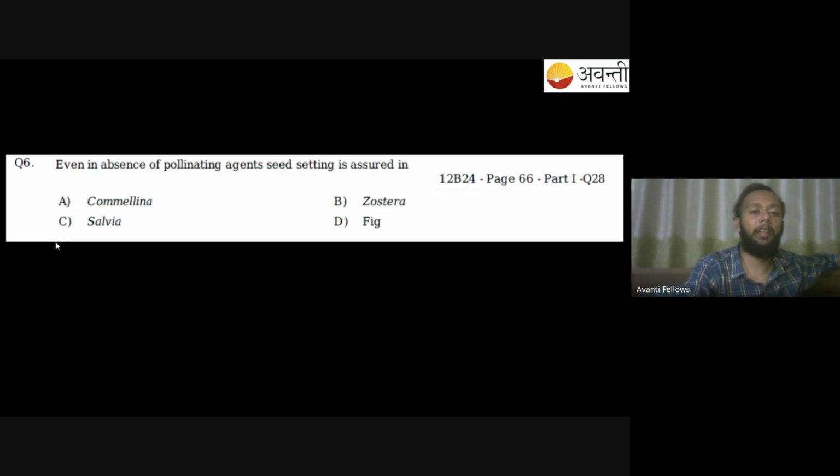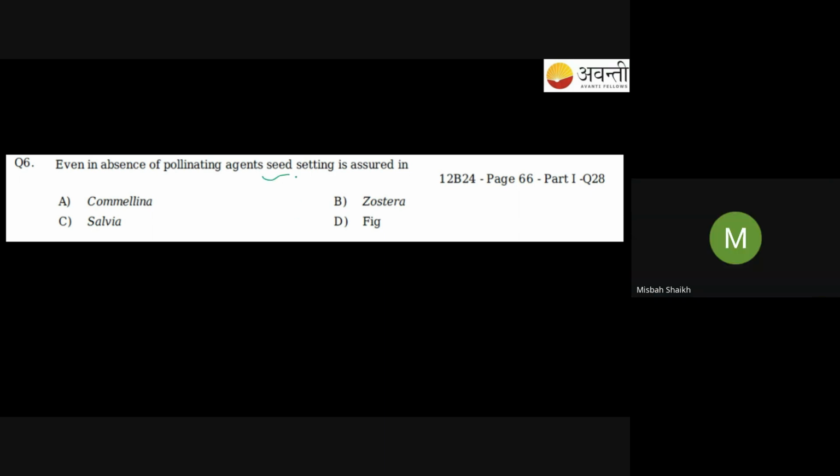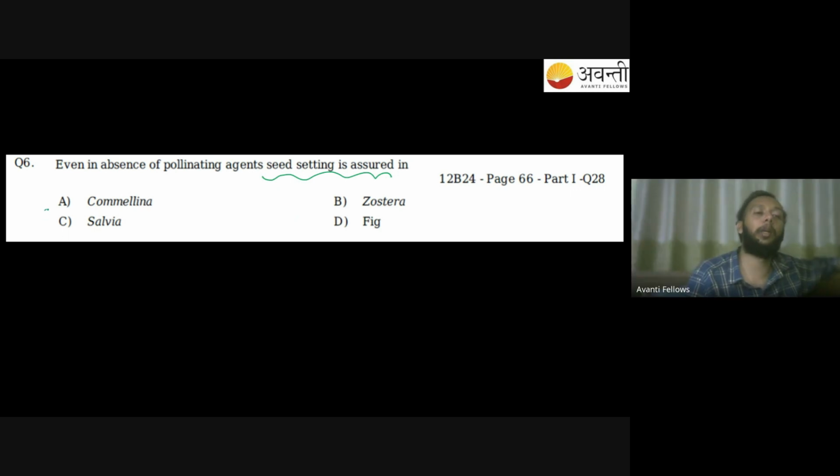Then even in the absence of pollen agent, seed setting is assured. मैंने बोला था, इसका एग्जांपल मैंने दिखाया, बोला था आपको. बताओ इसका आंसर क्या होगा यहाँ पे? Even in the absence of pollen agent, seed setting is assured. Seed setting assured हो रही है, मतलब कौन सी कैटेगरी में आती है? हाँ बोलो, बताओ. Option A. Yes, Commelina is going to be a correct answer over here.